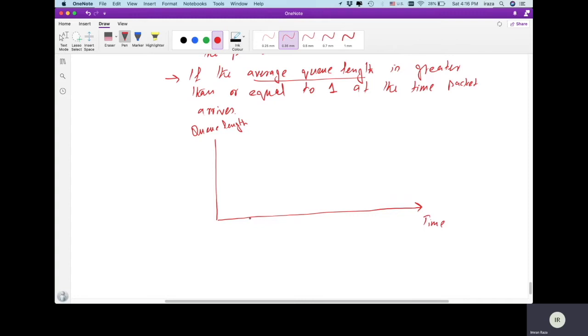We have two transmission cycles: this curve represents the previous cycle, and this curve represents the current cycle.